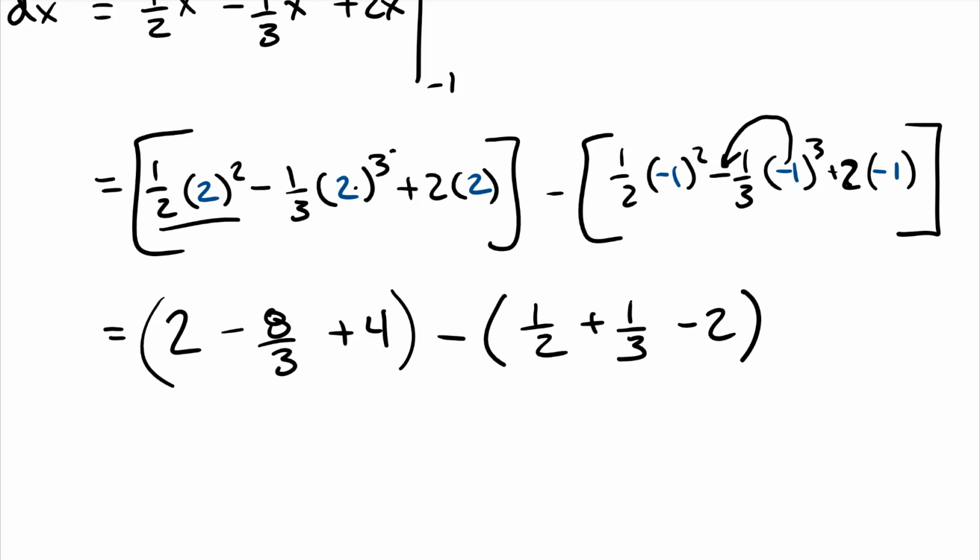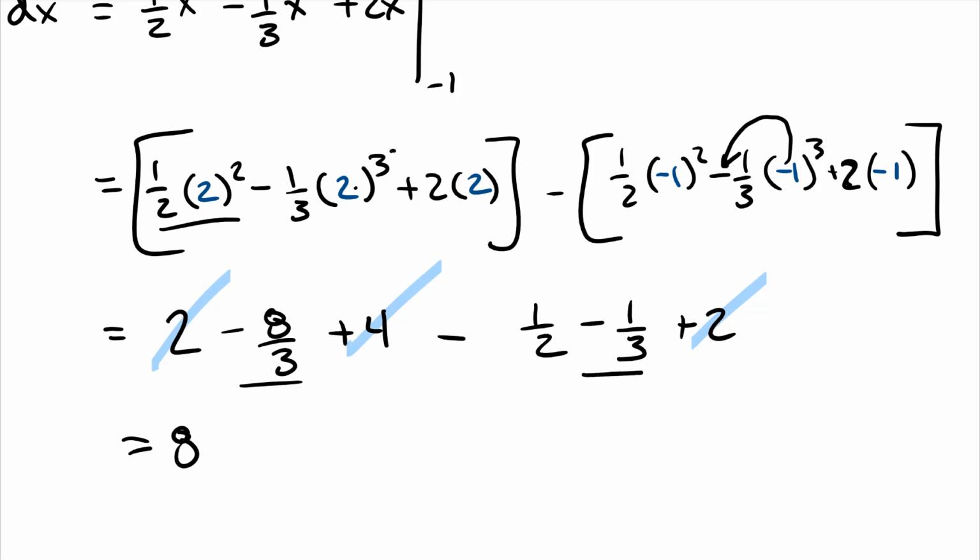Now, this is where I'm going to cheat. Don't need the parentheses around that. I'm going to distribute my negative in. Change the sign. Change the sign. So now we can just start putting like things together. 2 plus 4 plus 2 is 8. Let's put these two together. Negative 8/3 minus 1/3. That's negative 9/3 minus a half. So this is 5 minus a half, which ends up becoming 9/2.